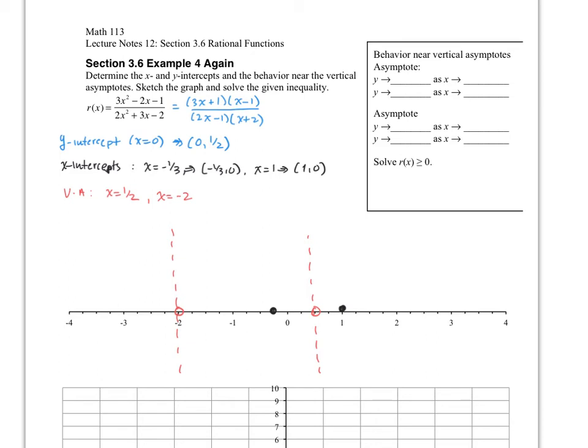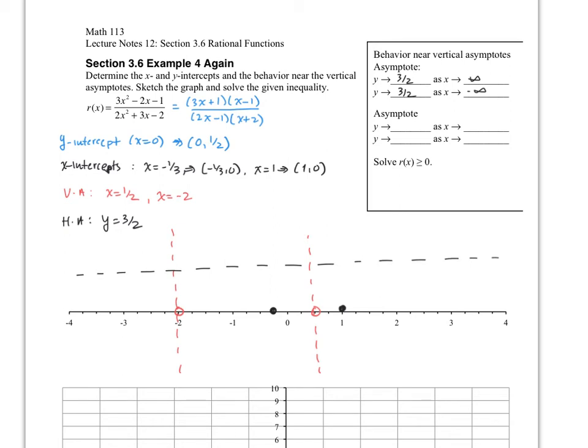Now, we already found that the horizontal asymptote for this one was y equals 3/2. Remember, since they have the same degree. And that's going to be the end behavior. That means that this goes to 3/2 as x goes to infinity, and 3/2 as x goes to minus infinity. So therefore, it doesn't matter what the graph does.